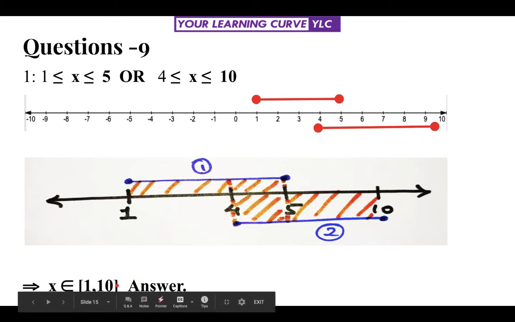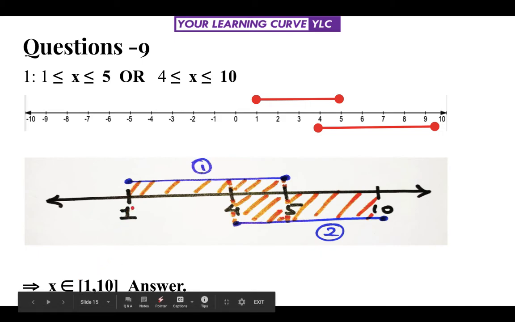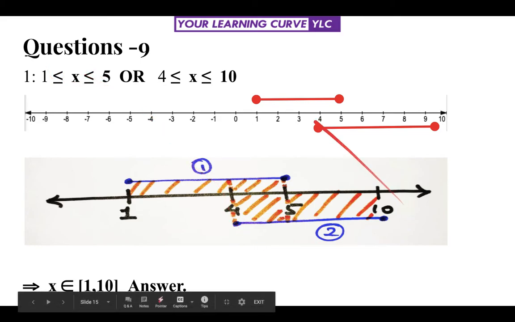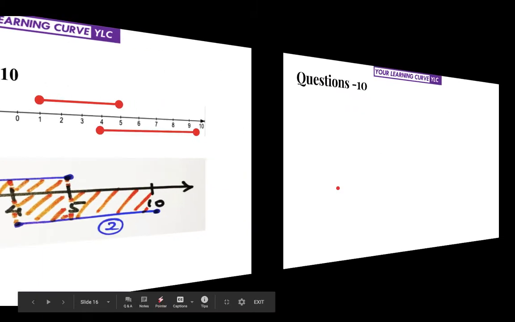We write the interval 1 to 10, and now let's see whether the endpoints are to be included or not. 1 is to be included because 1 satisfies the first inequality, and 10 satisfies the second inequality. So the entire interval 1 to 10, including both the endpoints, is our answer.